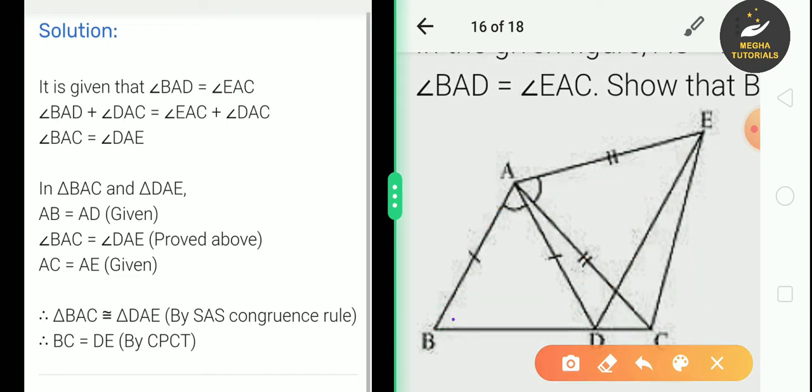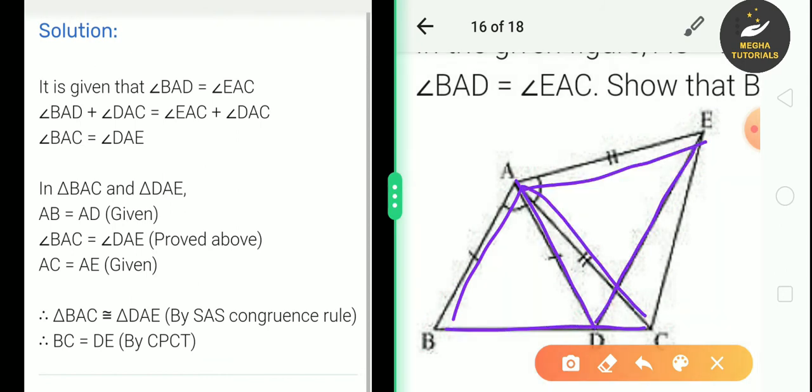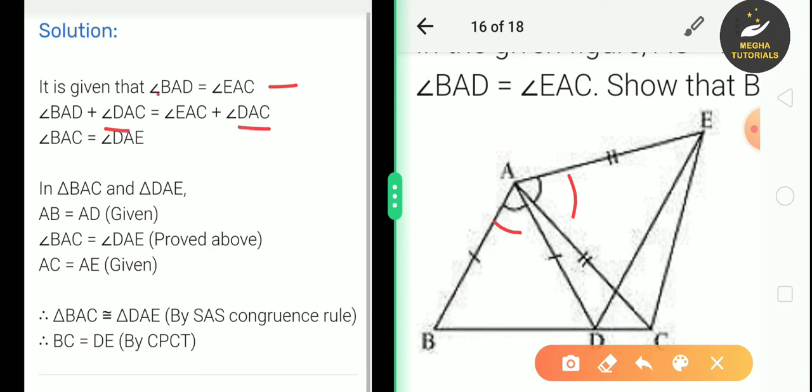In triangle BAC and triangle DAE, angle DAC is a common angle. Please remember this. We start with the solution now. It is given that angle BAD is equal to angle EAC. In this, we are going to add common angle DAC.